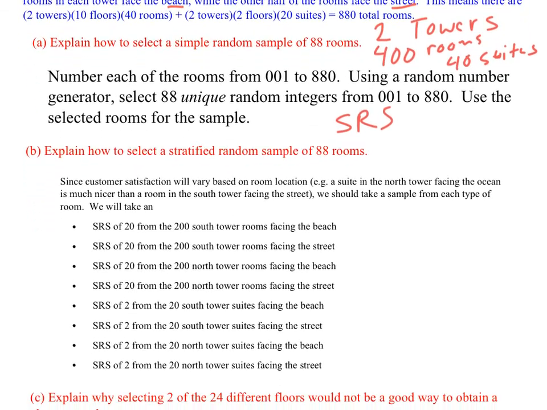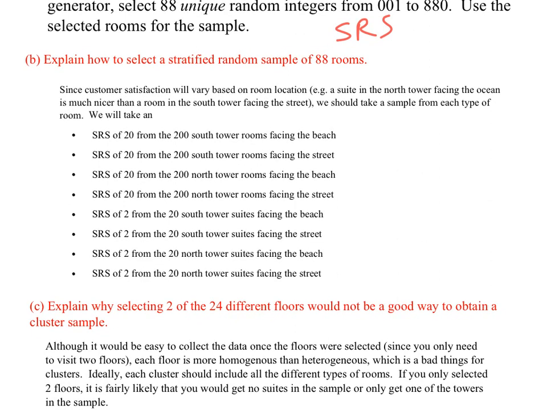Now, that may not be the best way to go because we had all these differences. Remember? The North Tower is newer. Some of the rooms face the beach. Some face the street. Some are standard rooms. Some are suites.